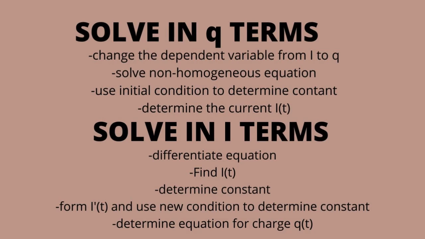In order to use this method, first we must change the dependent variable from current to charge. Next, solve the non-homogeneous equation and then use the initial conditions to determine the equation using the initial charge. Or you also can use current equals dQ/dt. And lastly, determine the current.